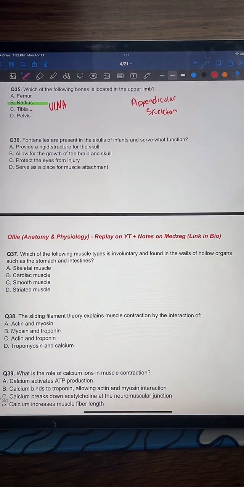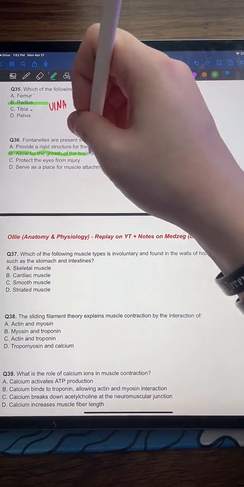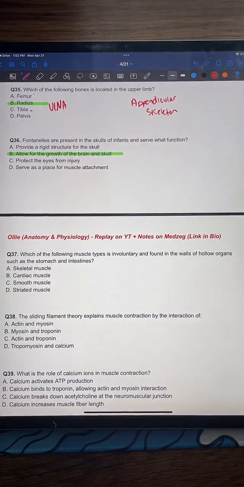Number 36, fontanelles are present in the skulls of infants and serve which function? It is B. They allow for the growth of the brain and skull.